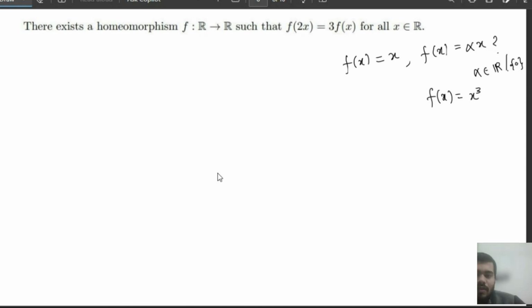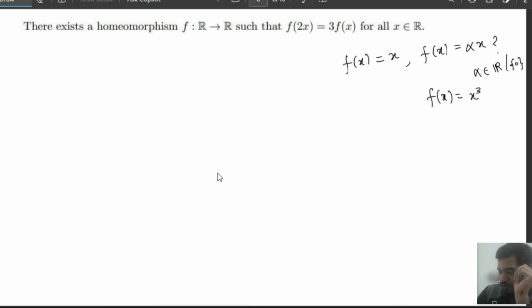So these are some known homeomorphisms. See, this is one of the basic functional equations that they have given. So we need to find one homeomorphism which satisfies this functional equation.